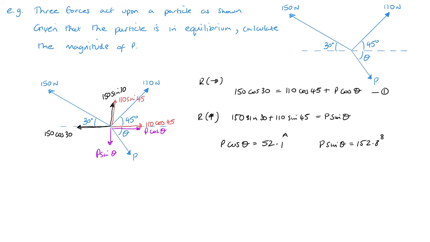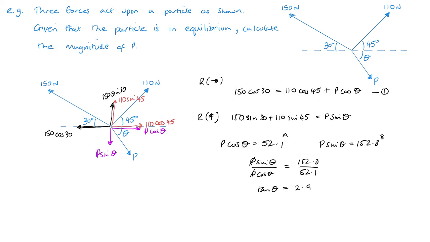Now, if I do one of these divided by the other one, so P sine theta divided by P cos theta, that'll be 152.8 over 52.1. Now the P's will cancel, and the sine over cos gives me tan.